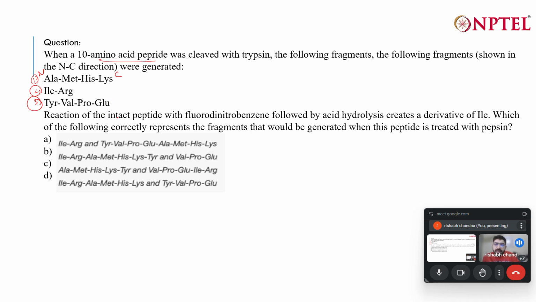So this reaction of the intact peptide with fluorodinitrobenzene followed by acid hydrolysis creates a derivative of isoleucine. Which of the following represents the fragments that would be generated when this peptide is treated with pepsin? Okay, so what can be the correct answer?